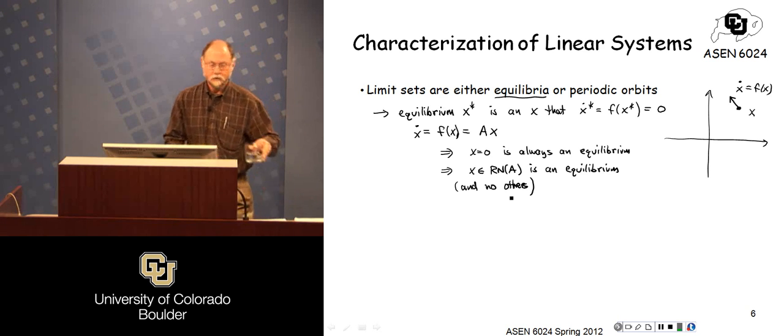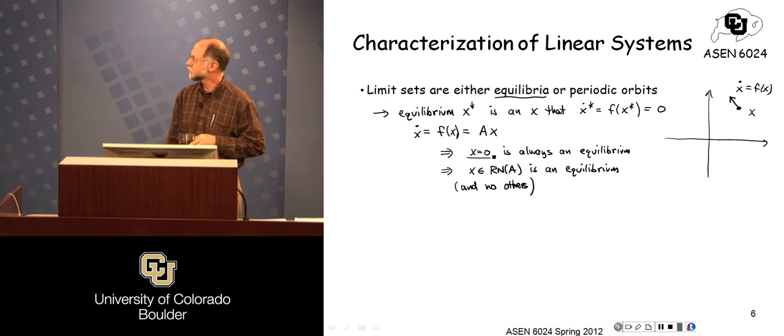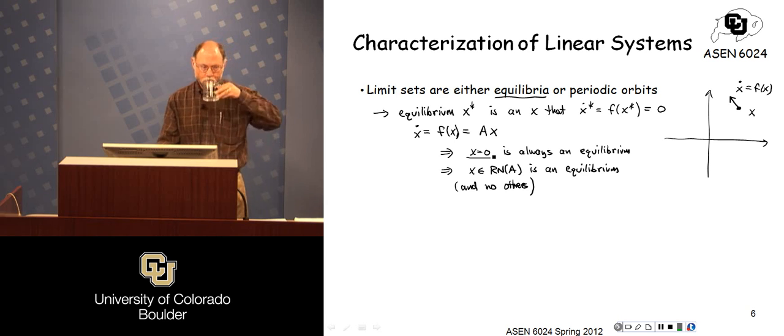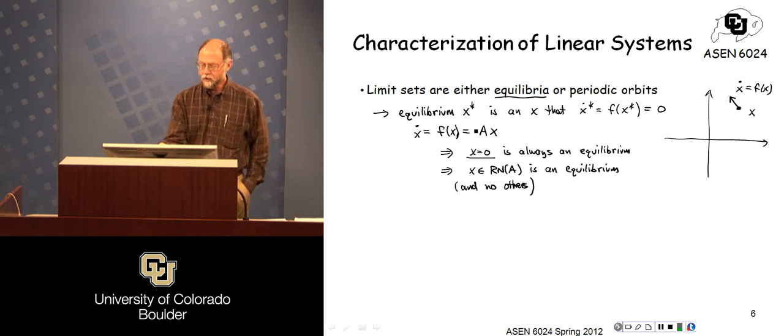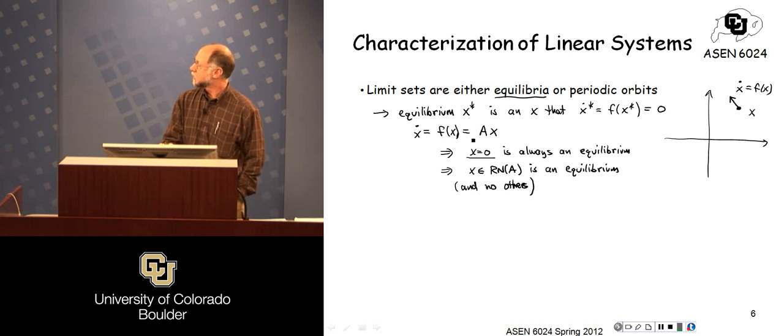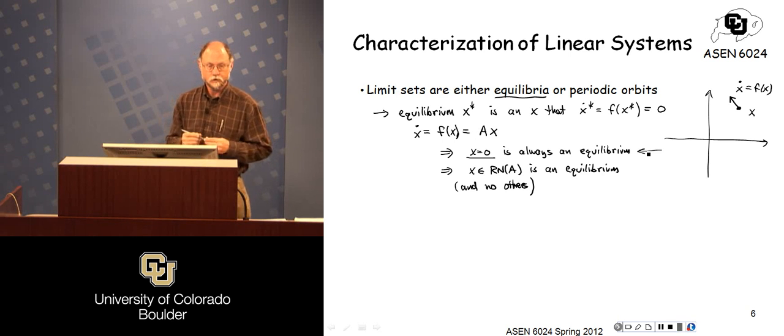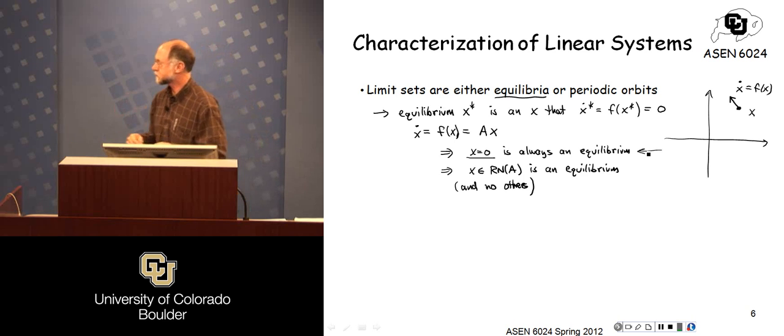Then we only have the trivial solution for the right null space. So the right null space there has dimension 0. There's just one point in it, 0. So if none of the eigenvalues of A are at the origin in the complex plane, then we already know there's only one equilibrium at the origin. No other equilibrium anywhere else in the state space.